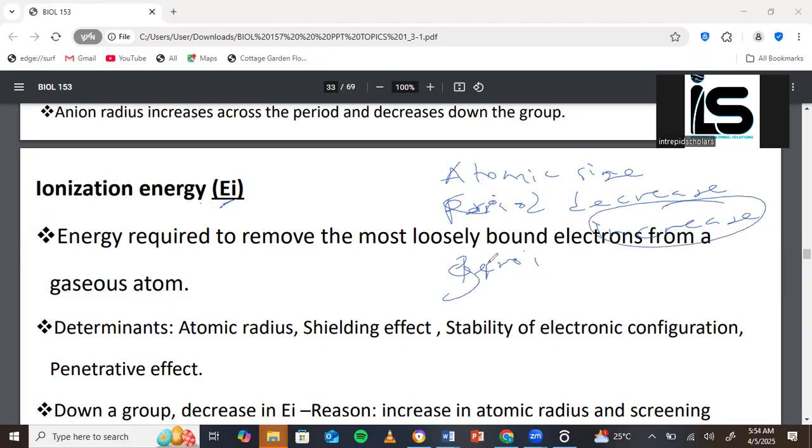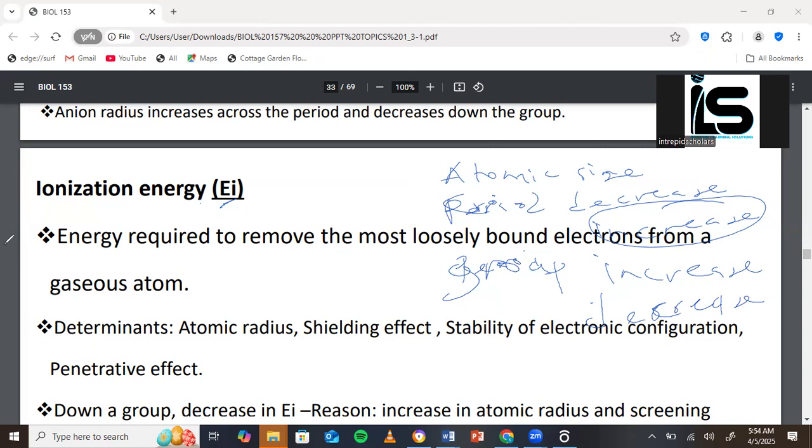Now, down the group, what happens to atomic size is that it increases. What will happen to the other properties, the ionization energy, the electron affinity, and the electronegativity is that they would decrease. So that is that for that.